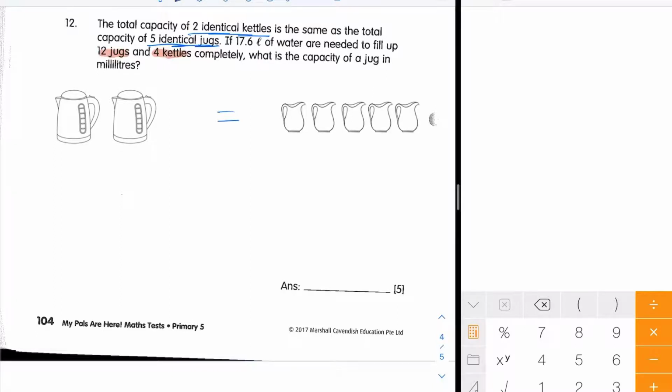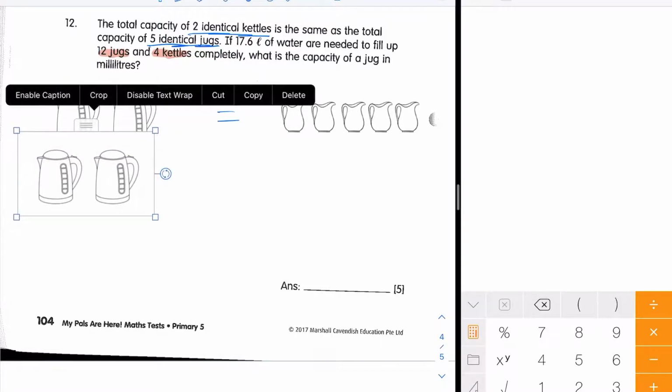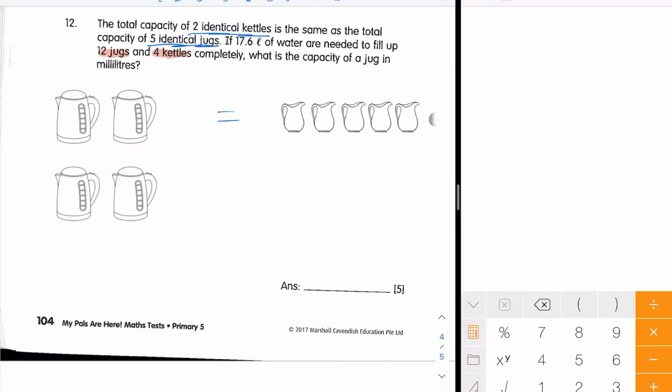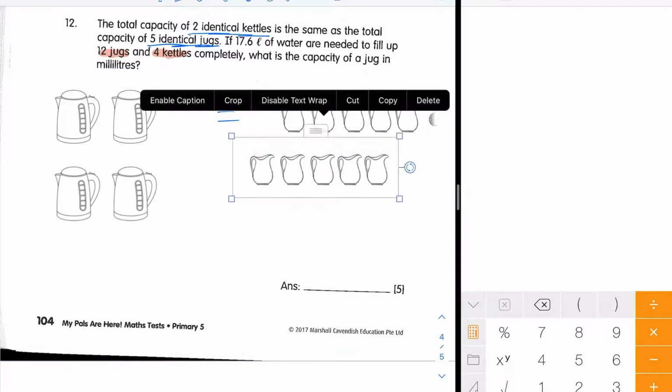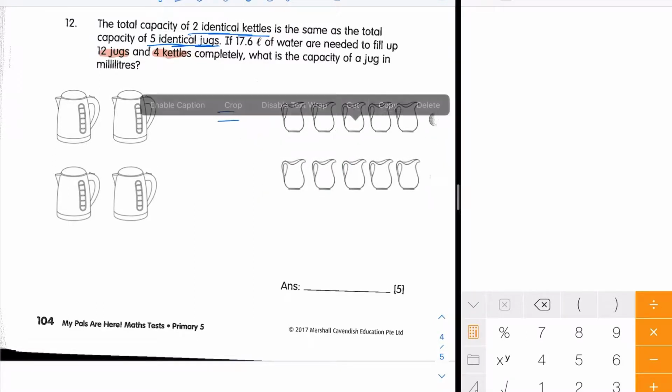So we have 2 kettles here. I'm going to double this and insert this here to get 4 kettles. And we have 5 jugs here, and we are going to make this 10, and we're going to make 2 more.